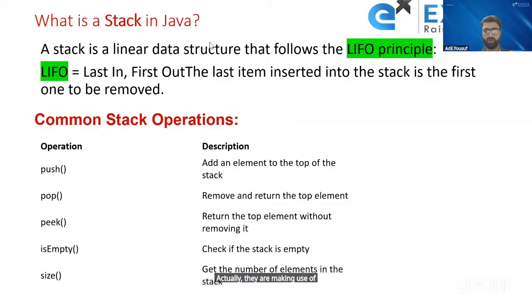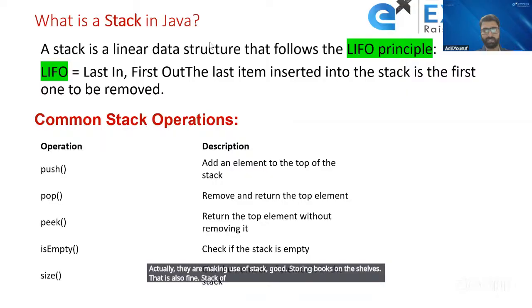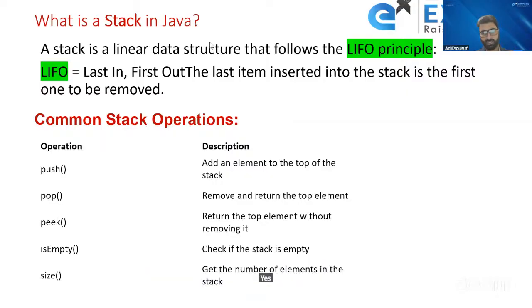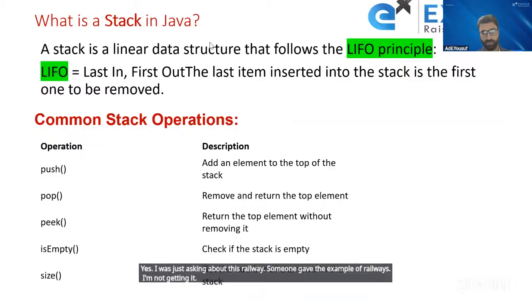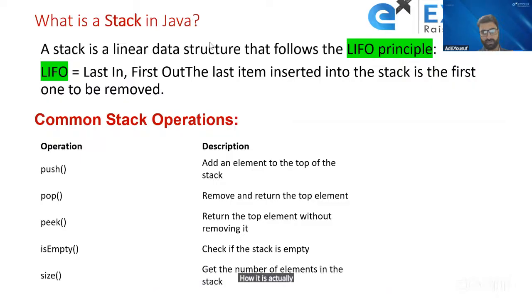Good. Storing books on the shelves, that is also fine. Stack of plates in a marriage, yes. I was just asking about this railway. Someone give the example of railways. I'm not getting how it is actually using that. If you can please illustrate that.